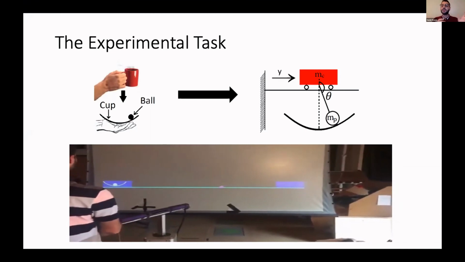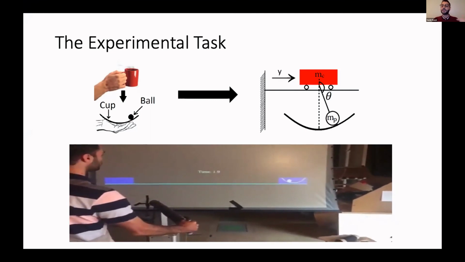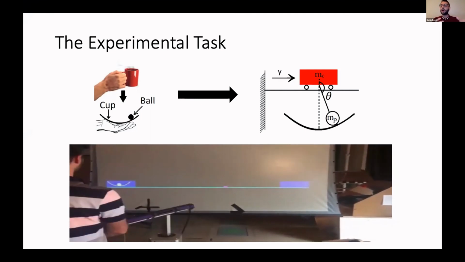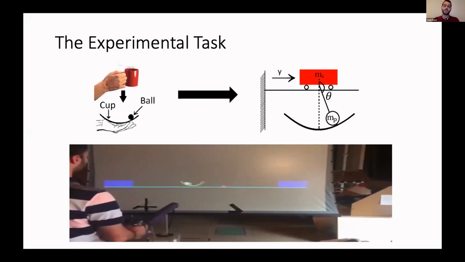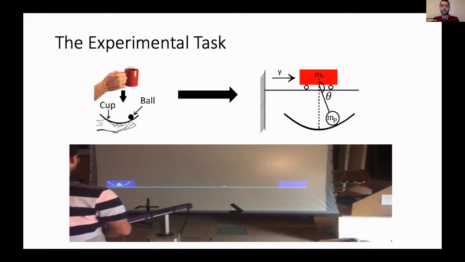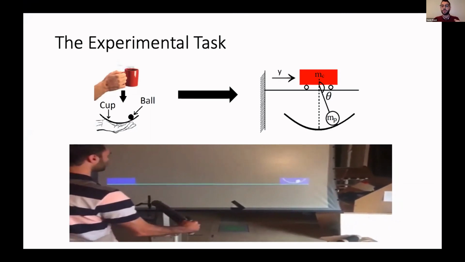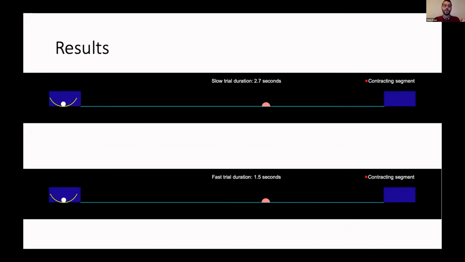and without losing the ball. And then in some blocks, we introduce perturbations which act as a perturbative force on the cart that could either push the cart towards the start box or towards the target box. So they either act against the direction of motion or with the direction of motion. And just very quickly on the results: they did confirm our hypothesis that humans sought stability.